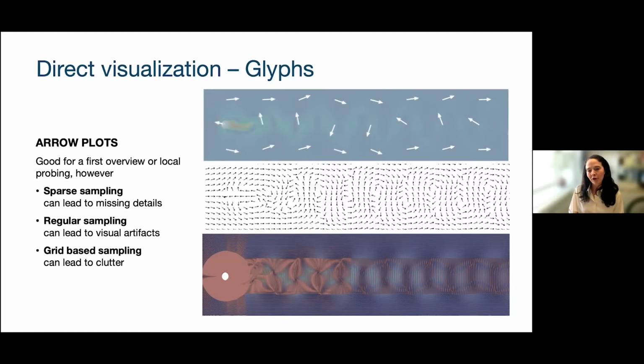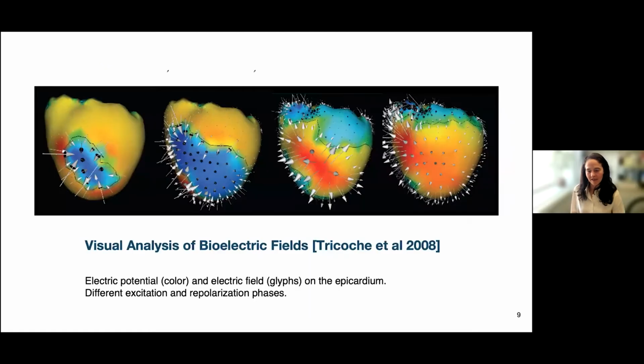So this means arrow plots are mostly useful just to give a very first overview or to debug your data, or if you want to probe a specific position and want to know how the field looks like in this position. But there are also some examples where these glyphs are really used.